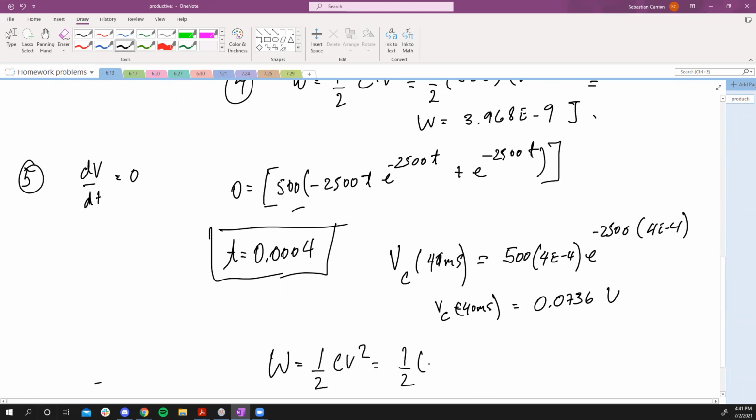And then the maximum energy stored, once again, we use the energy equation. I'm going to plug that in: 5 e to the negative 6 times 0.0736 squared. That's going to give us 1.354 e to the negative 8 joules.